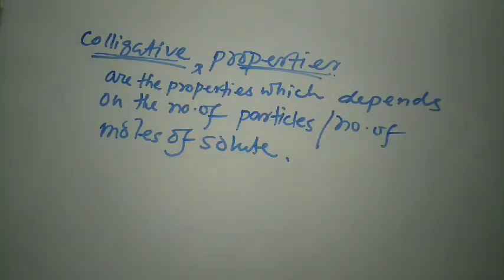The property which depends on the number of particles or number of moles of solute is known as colligative property. Okay, so we are going to read about 4 types of colligative property.